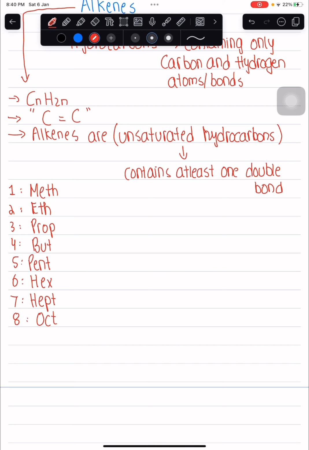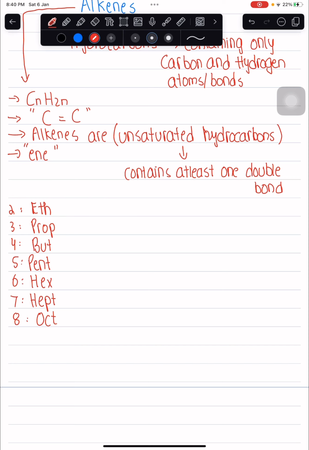Now when we talk about alkenes, we add the suffix ene. So meth would become methene. Now what happens here is that this thing over here does not exist. This does not exist, so we'll just remove it. In alkenes, it does not exist. We will look at it in a while.